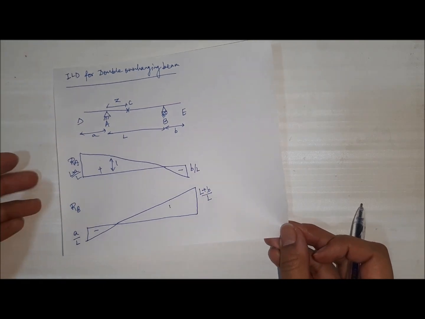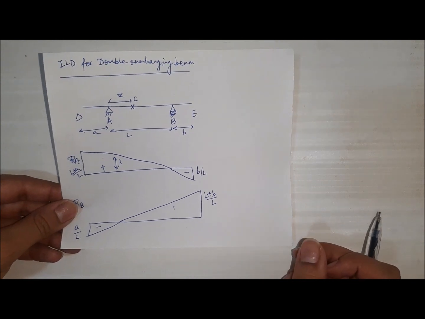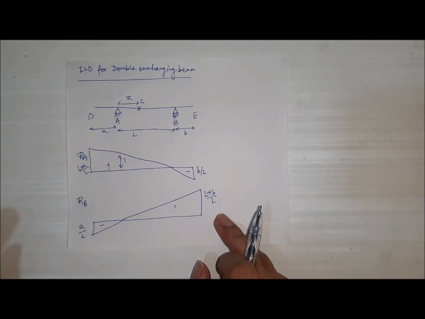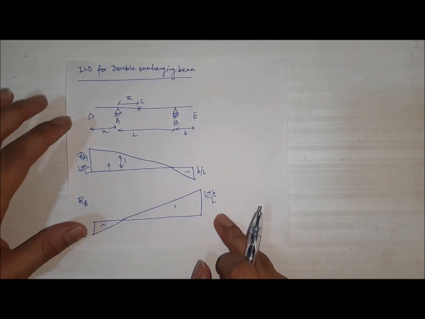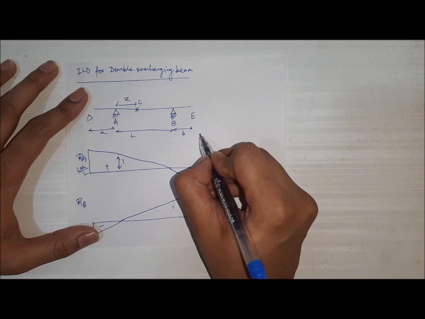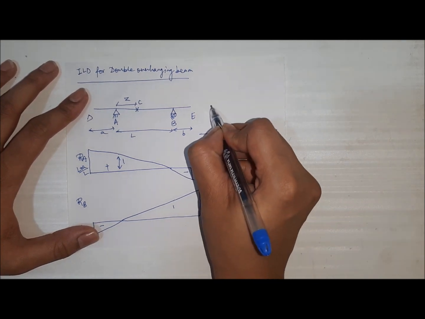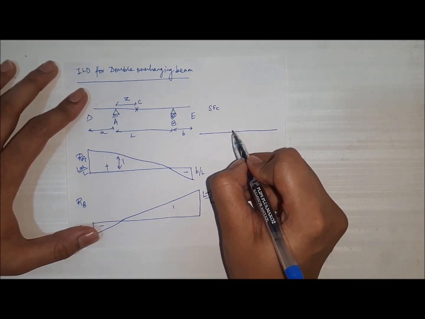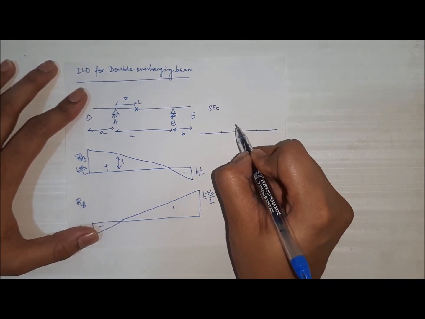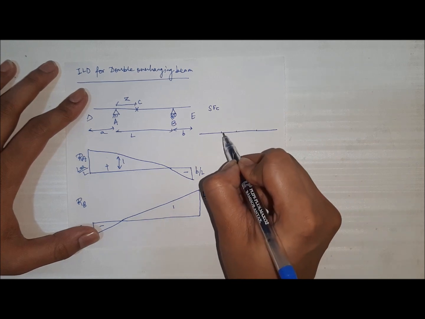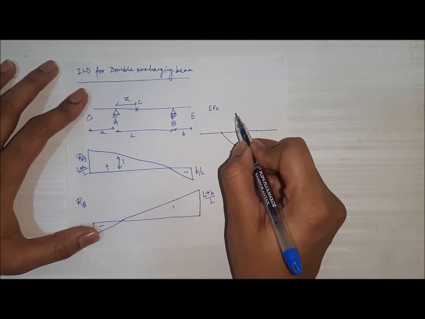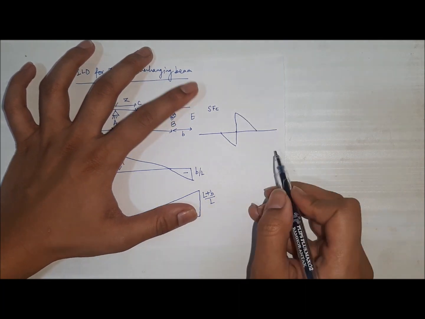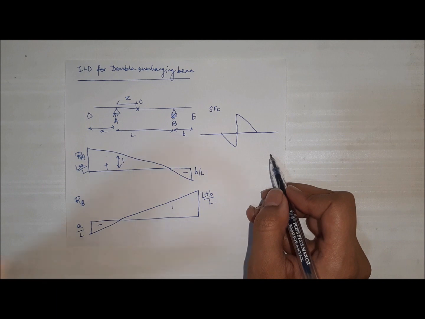Now we have to plot the shear force at section C and bending moment at section C. This is our beam. We have to plot the shear force at section C. Now here this is A and this is B and this is C part. As we have seen in the simply supported case, the portion will be like this for shear force if we are considering AB as a simply supported beam.